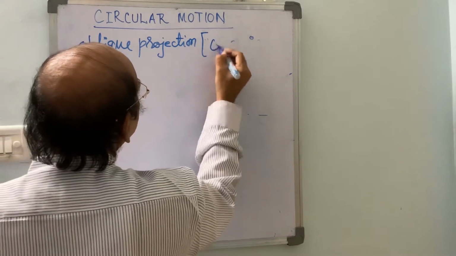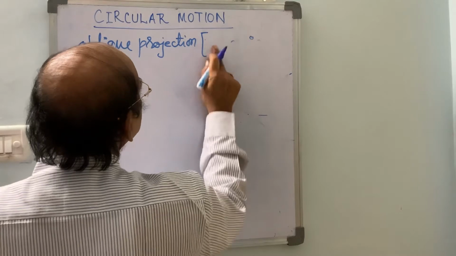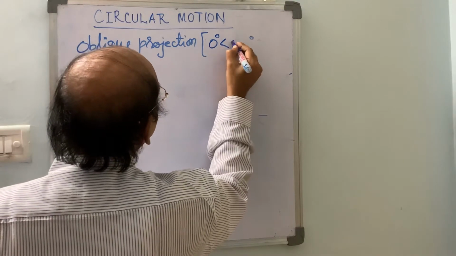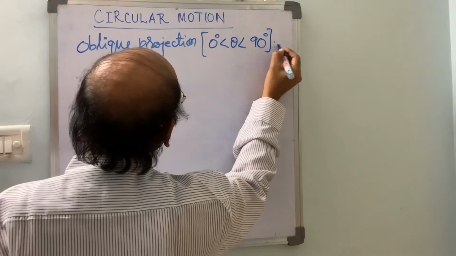Here theta is other than 0 and 90 degrees, so theta is greater than 0 degrees and less than 90 degrees.